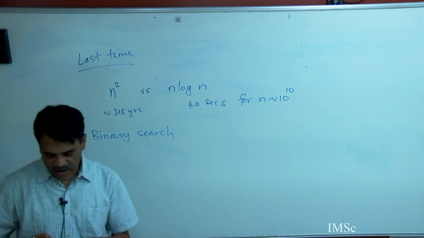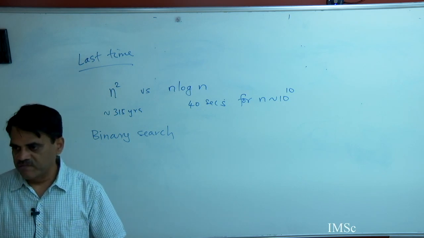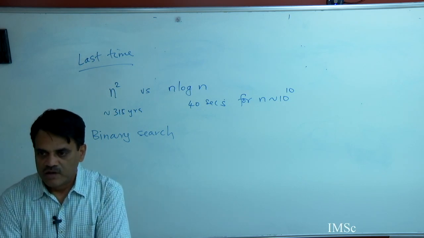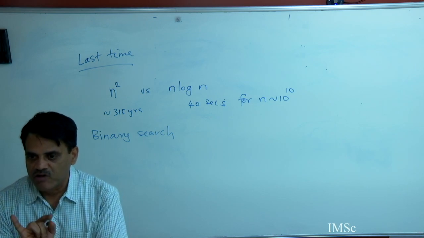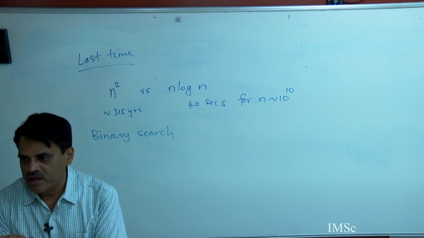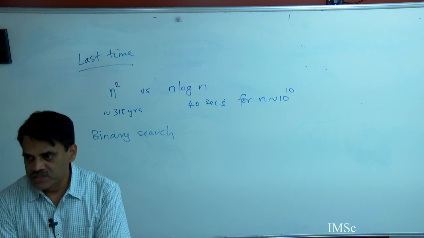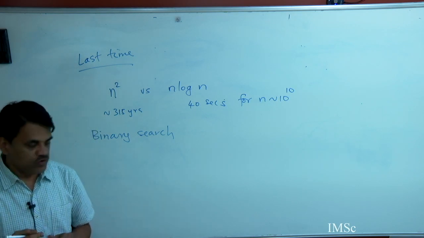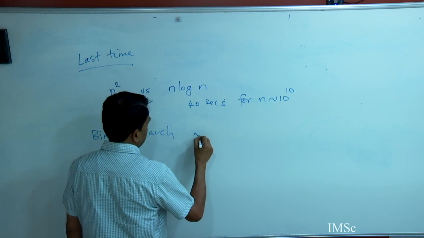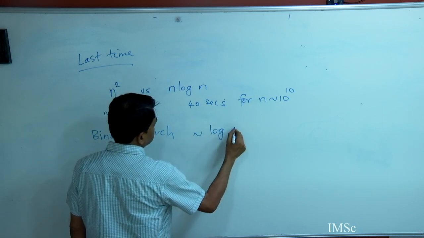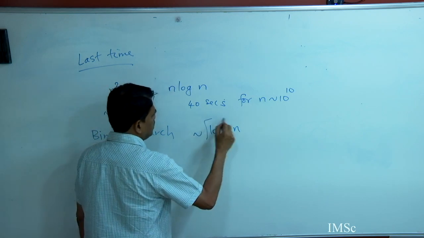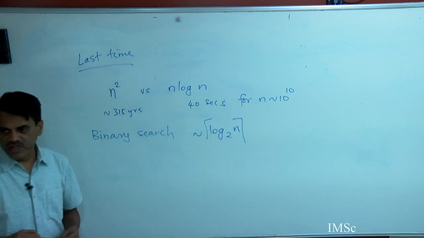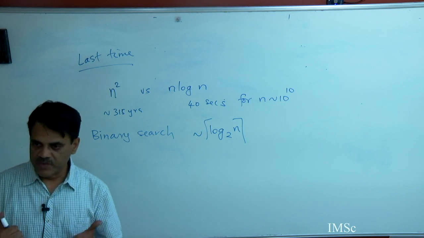I illustrated it by, I think of a number and you're supposed to guess that number by asking me yes or no questions. And if my range of the numbers is between 1 and n, then what is the minimum number of questions? What is the strategy you will adopt? And we saw that, again, I'll do some formal analysis today, but roughly, this many comparisons or questions is what you needed to guess my number.